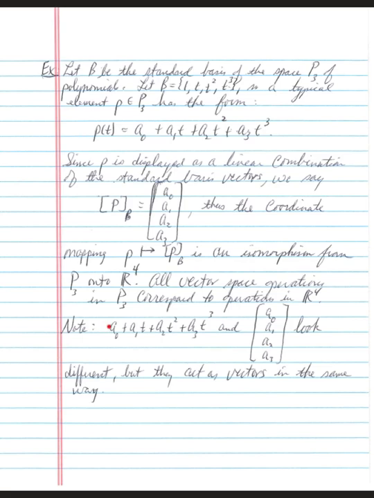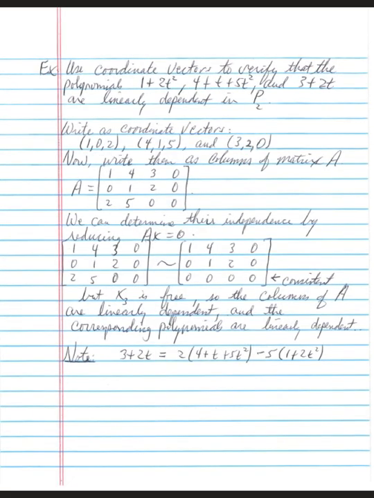Note, p of t, which we built up above, was equal to these 4 terms, and p sub B was equal to these 4 coefficients in a column vector. They look different, but they act as vectors in the same way.